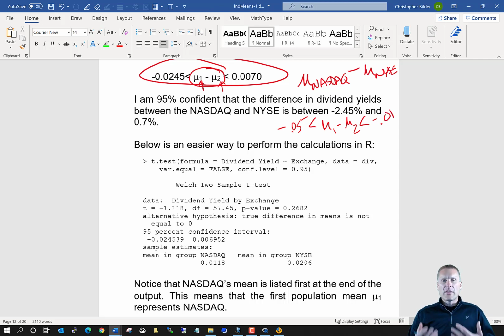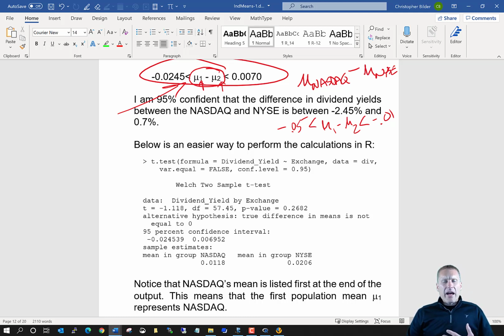Notice how that entire interval now is less than 0. If you looked at an interval like that, you might be wondering which one is greater, because 0 is not in the interval. You have to keep track of what was 1 and what was 2, so that you remember which one is greater.